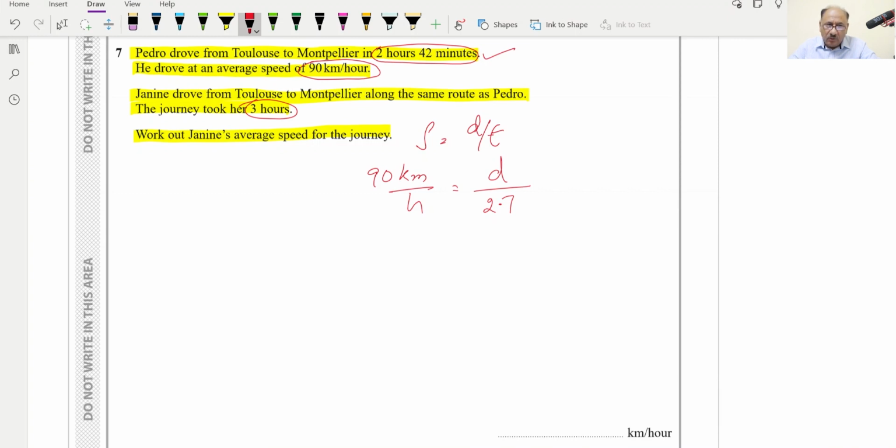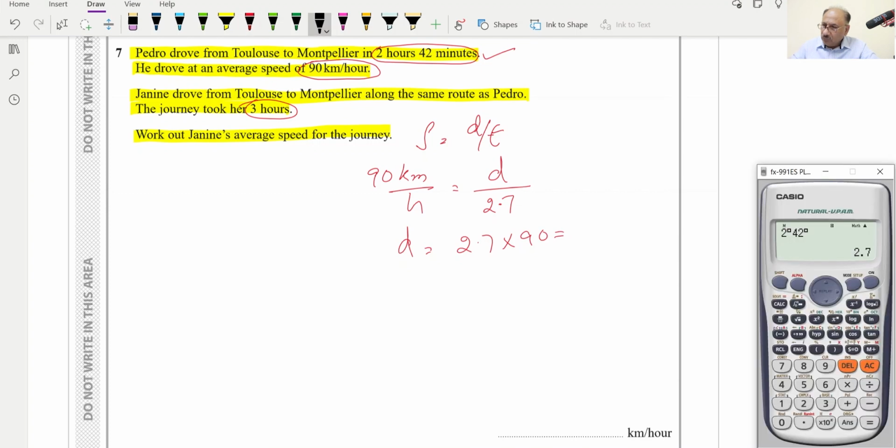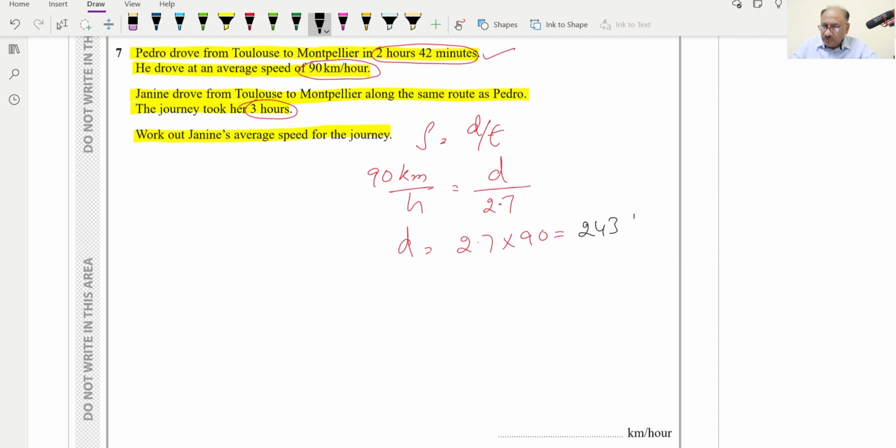Now we can shift 2.7 to the other side, so the d value will be equal to 2.7 times 90, and this will be the distance, which is 243 kilometers. So this is the distance which we calculated for the first journey.